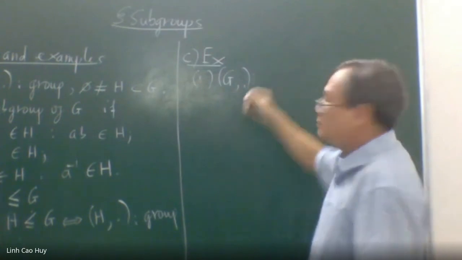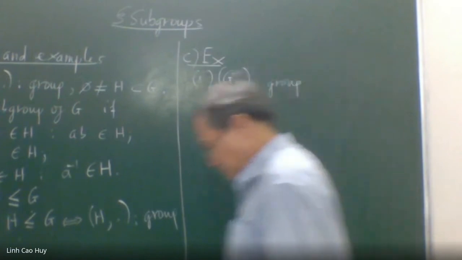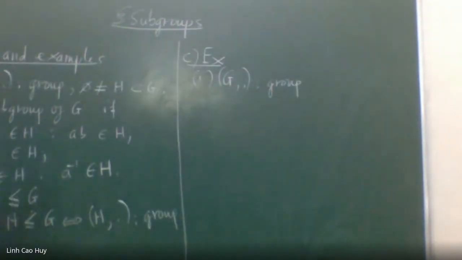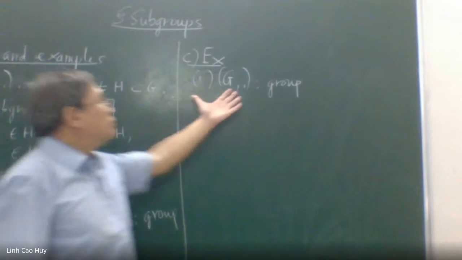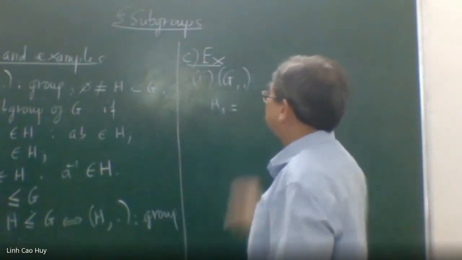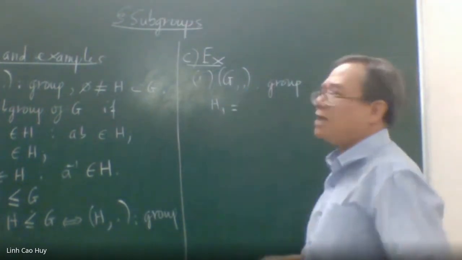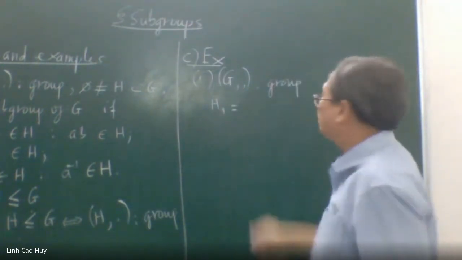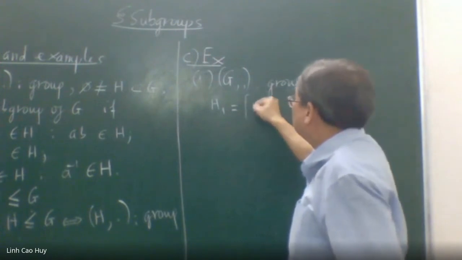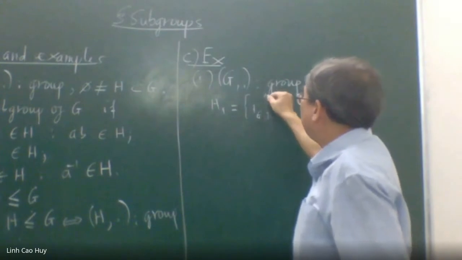And we could see H1: if the subset of G has only one element, that is the identity, this is a subset with only one element.